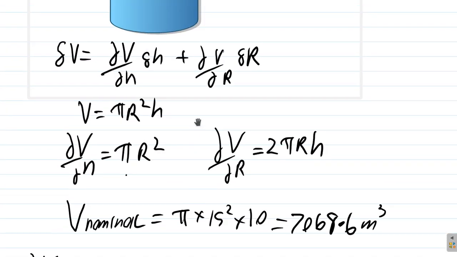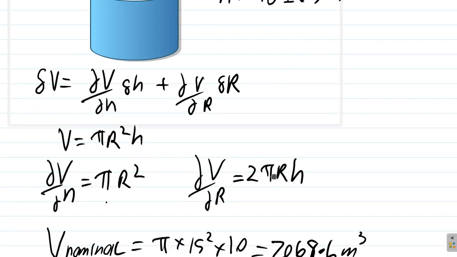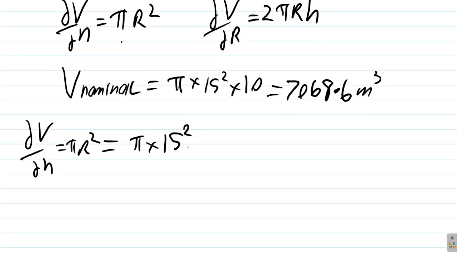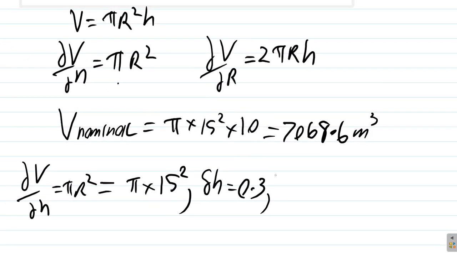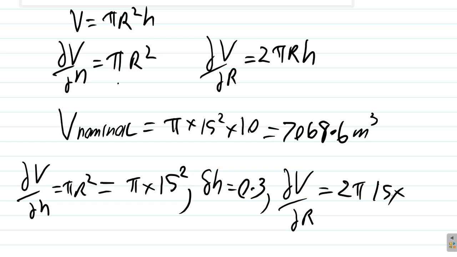What about change in H? The change in the height is 0.3. Change in height is equal to 0.3. Now, delta V by delta R. Delta V by delta R is equal to 2 pi RH, which is 2 pi times 15 times, what was it, 10?